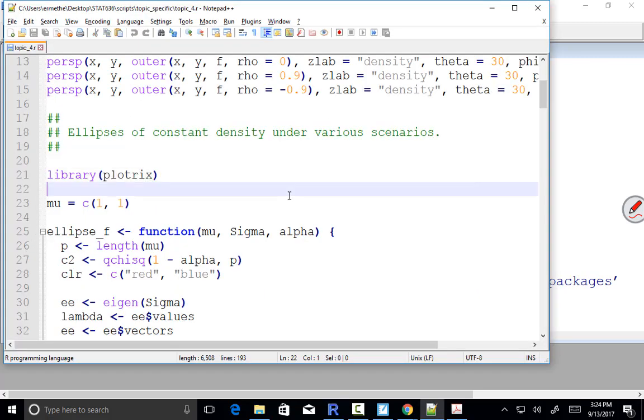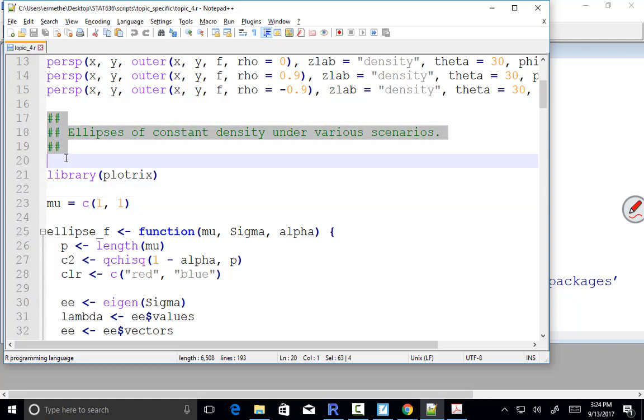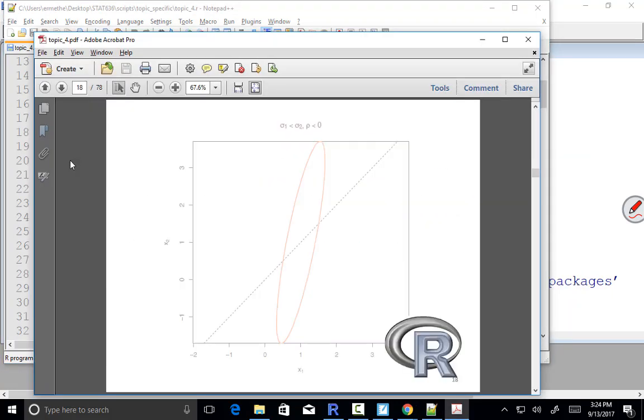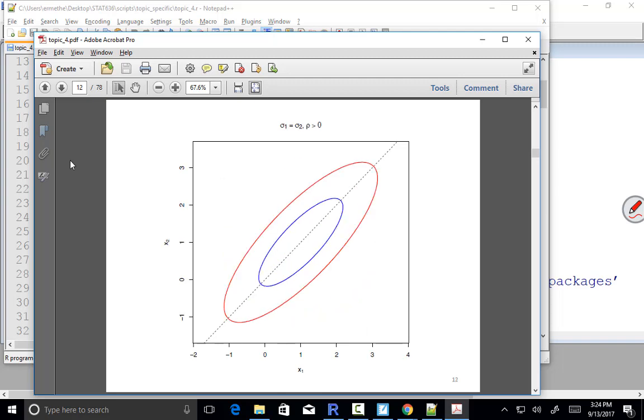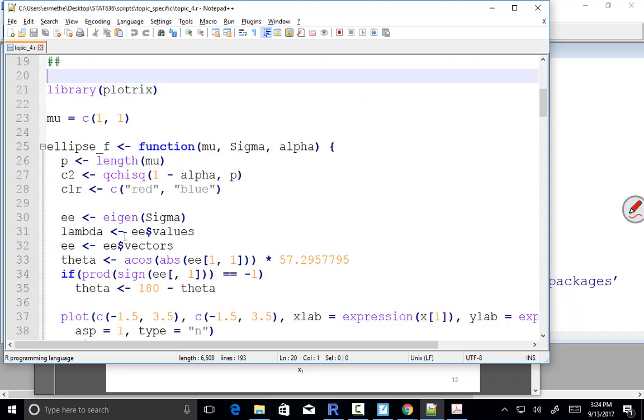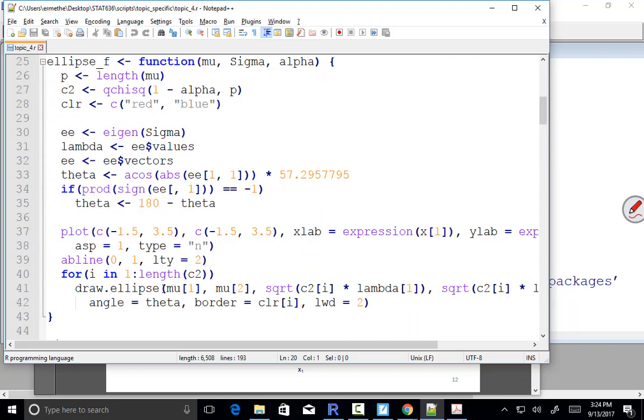In the topic 4 script, topic4.r, beginning line 17, I have code that makes these pictures. I'm going to make use of a function called draw.ellipse that is handy for drawing ellipses.